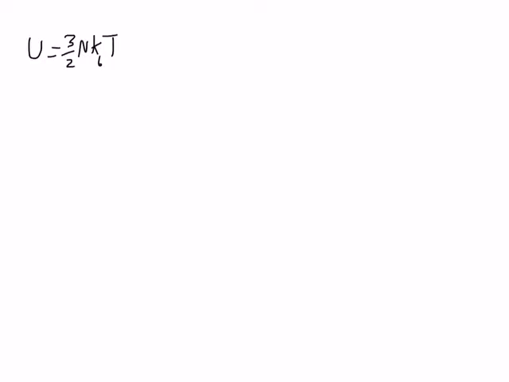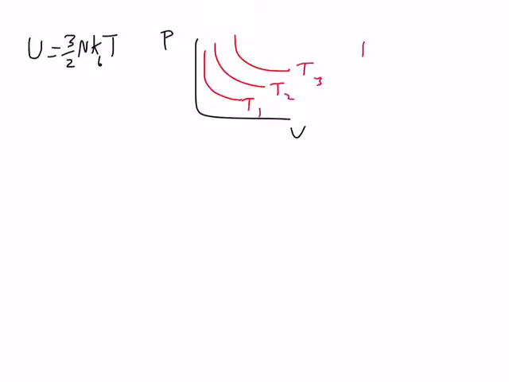And so we can figure out how the temperature changes from A to B. We can figure out how the internal energy changes. And I think it's kind of clear from inspection. Remember, isotherms on PV diagrams look kind of like this, where T1 is always less than T2, which is less than T3.